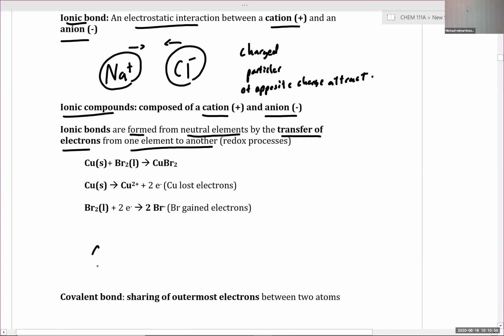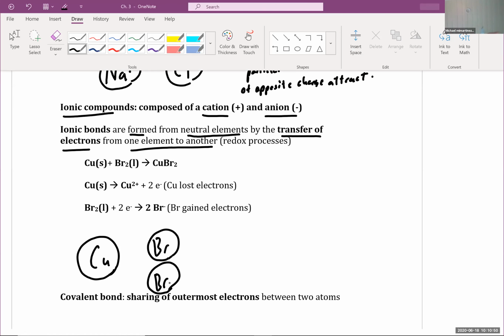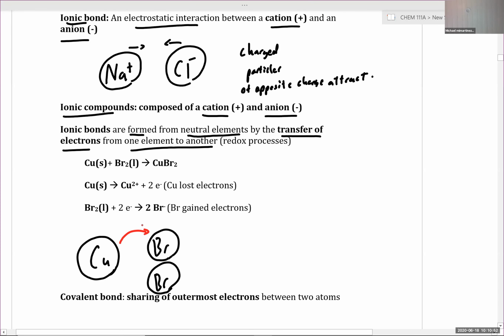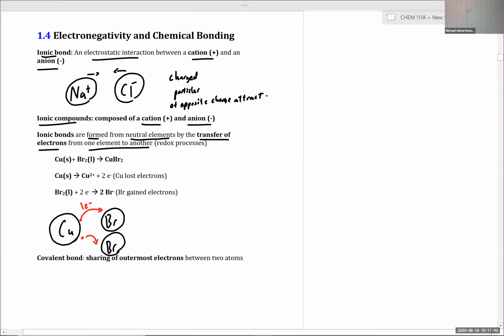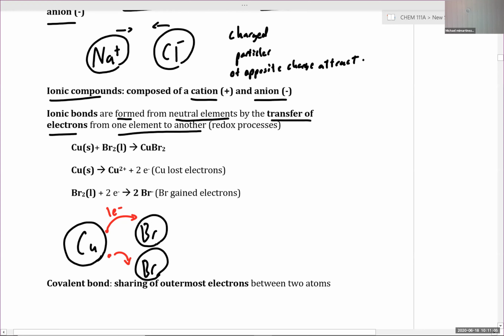In this case, if we think about copper bromide, we'd have initially our copper atom and our two bromine atoms. When they form a bonding interaction, copper will donate 1 electron to each bromine atom. That in turn gives us a set of charged ions.